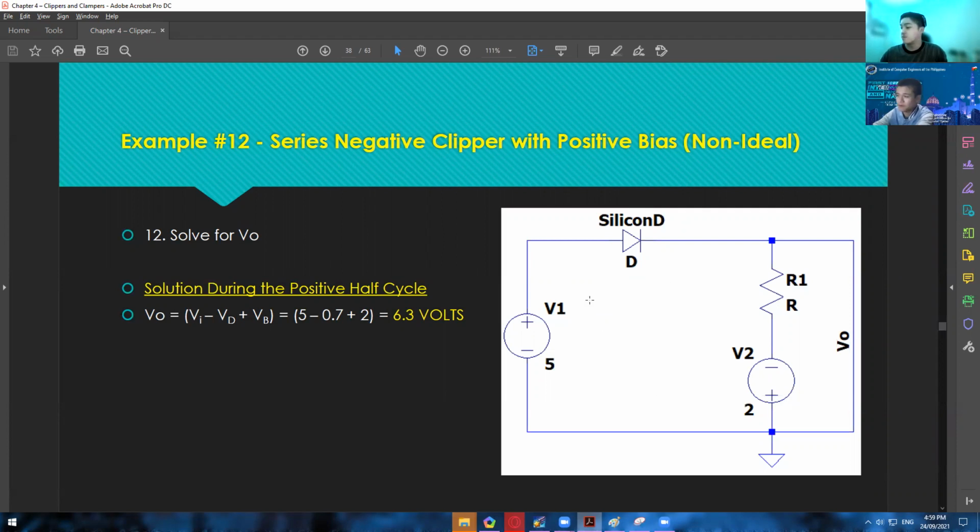Okay, so of course, the higher the voltage, that is the one that will dominate the entire flow of circuit. So in here we have a clockwise current rather, not circuit. Okay, so we have positive 5 and then negative 0.7 and then positive 2. So just add everything and then you will get 6.3 volts.